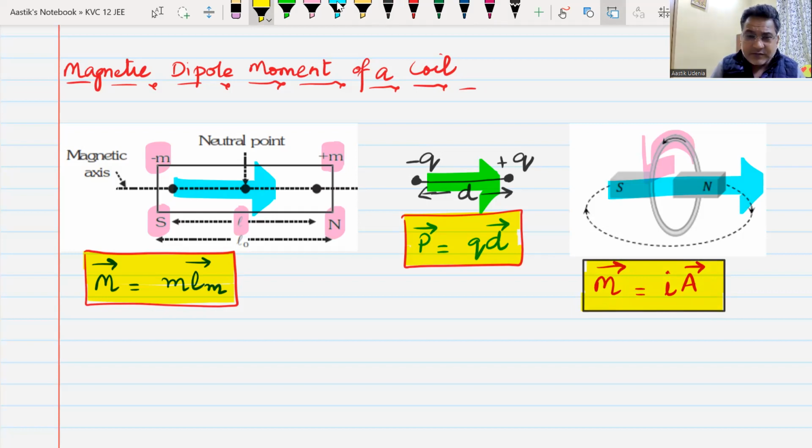The direction of thumb gives you the direction of the area vector, which is the direction of the north pole, which is the direction of the magnetic field, which is the direction of the magnetic dipole moment. So every current carrying coil now becomes a magnetic dipole. It becomes like a magnet and it now has a magnetic dipole moment.